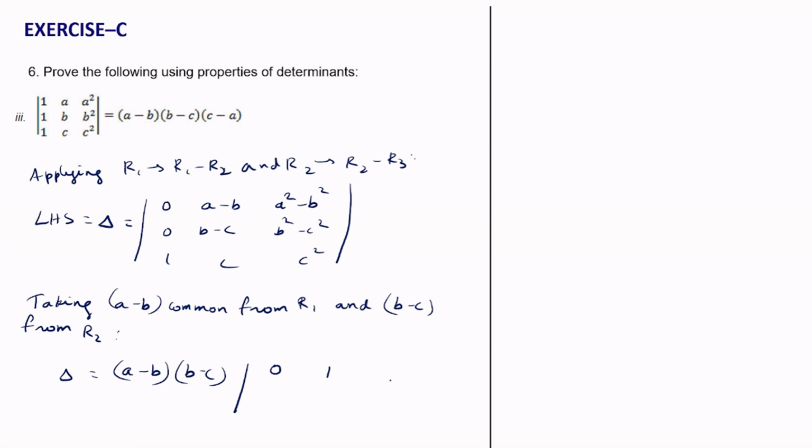So a minus b is already outside; here we have a plus b. Then here 0, 1. Similarly here we have b plus c. Then 1, c, c square.